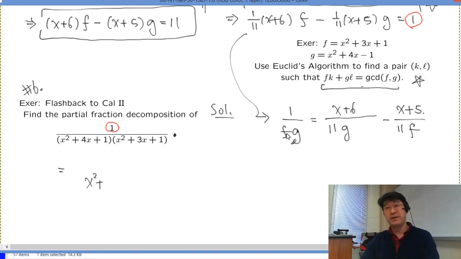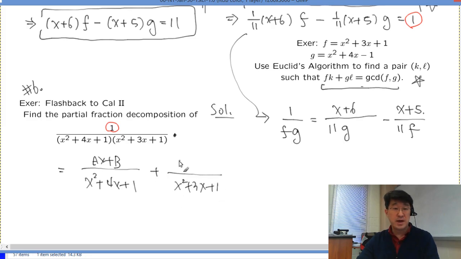You just divide both sides by f and g and cancellation gives the answer. And write down ax plus b. Remember that part? And write down x squared plus 3x plus 1, and cx plus d. Now you expand them out, and you enter a 4 by 4 matrix to solve this thing, correct?